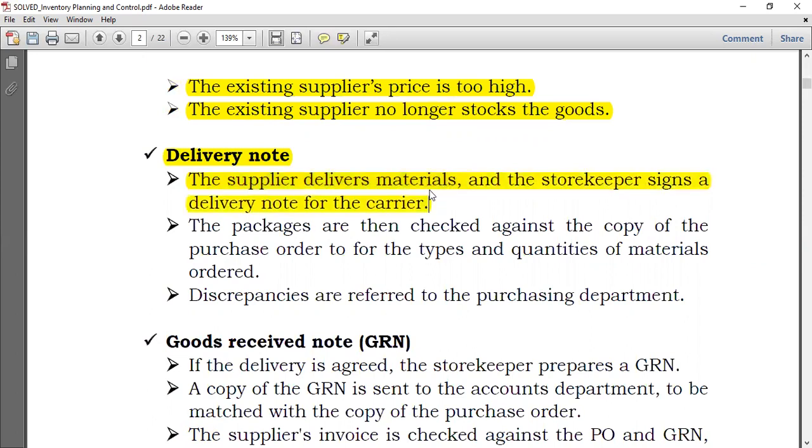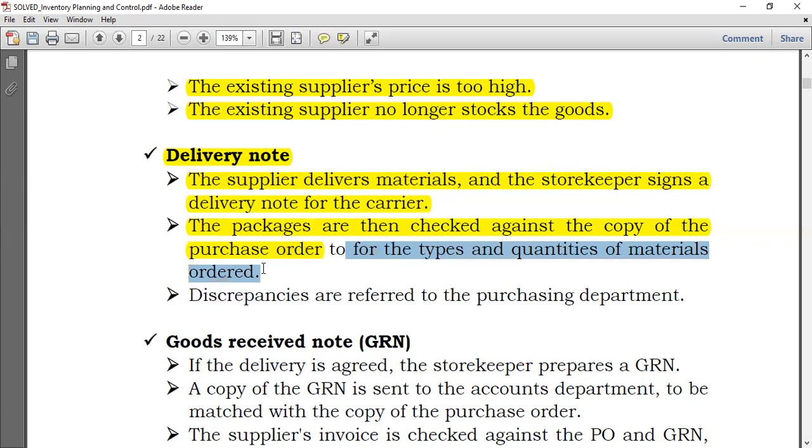The storekeeper would sign the delivery note, and then the packages are checked against the copy of the purchase order. Previously a purchase order was sent, and a copy was also sent to the stores department. So the stores department will check the goods delivered against what was ordered in the purchase order to see whether there are any discrepancies, for the types and the quantities of materials.